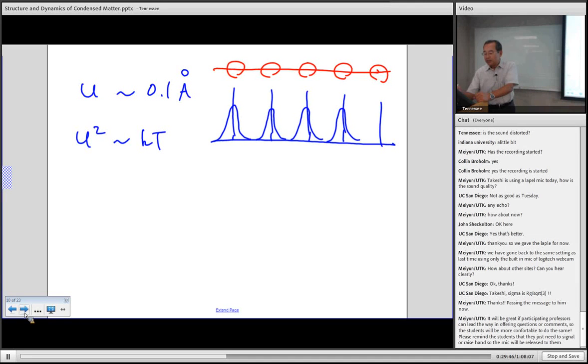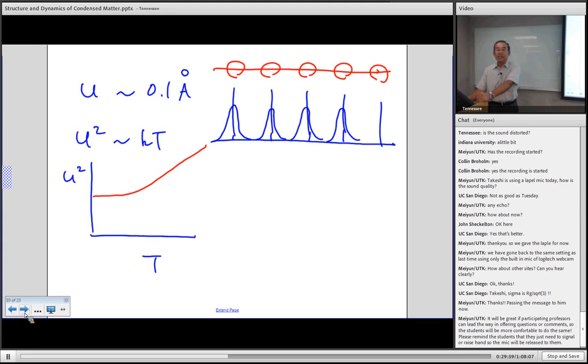Okay? So if you plot u square against T, it goes like that. Linear at high temperature, and becomes constant at low temperature. Okay?